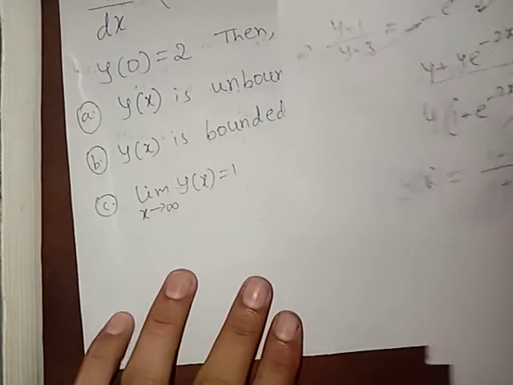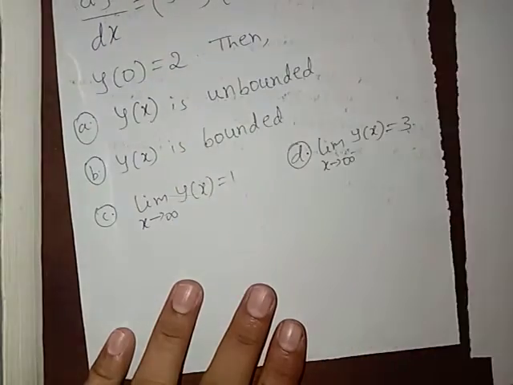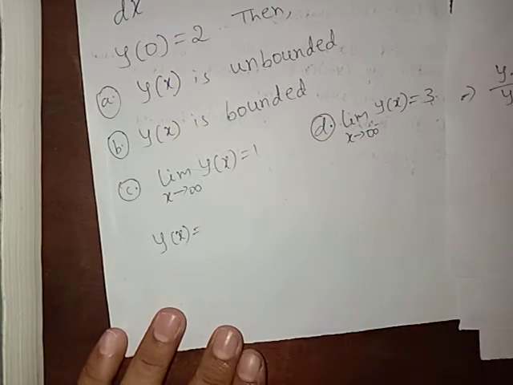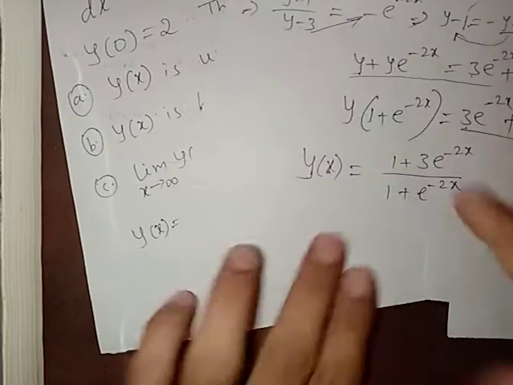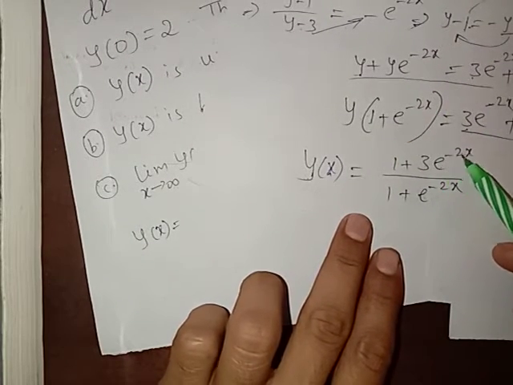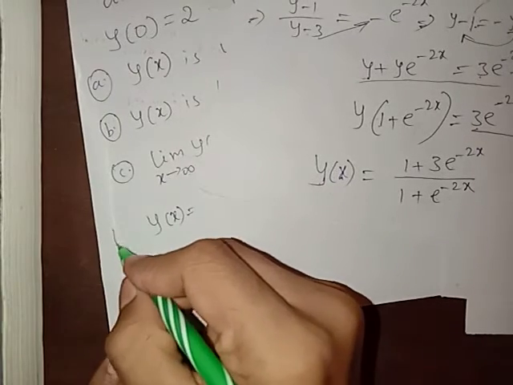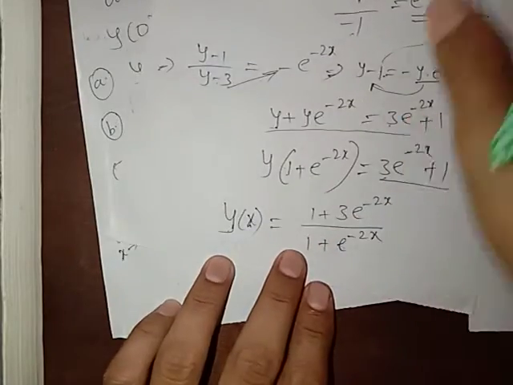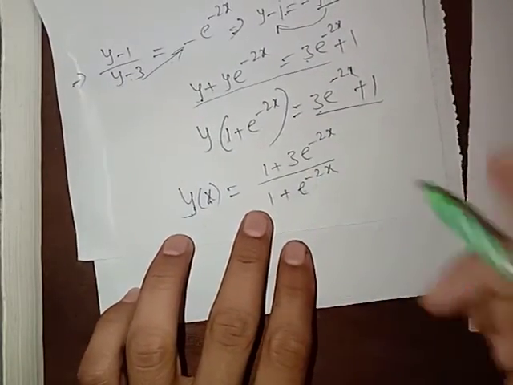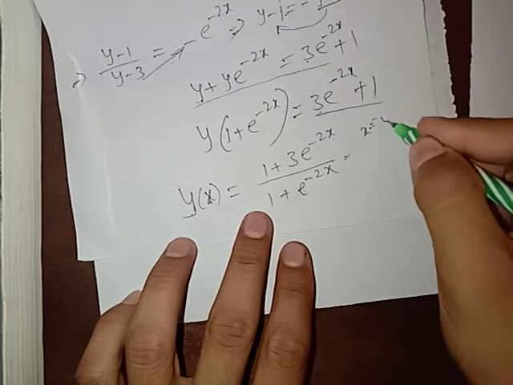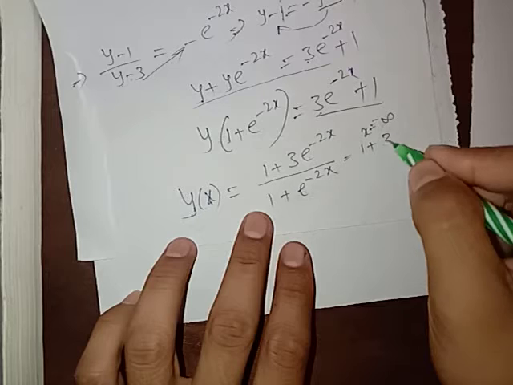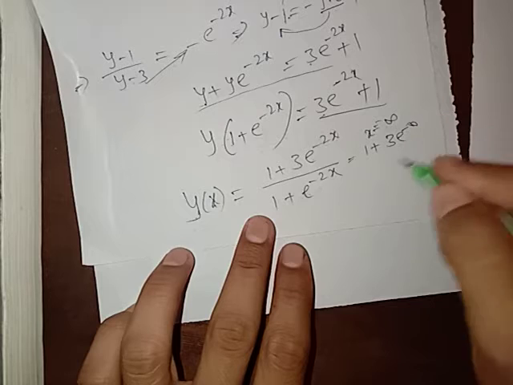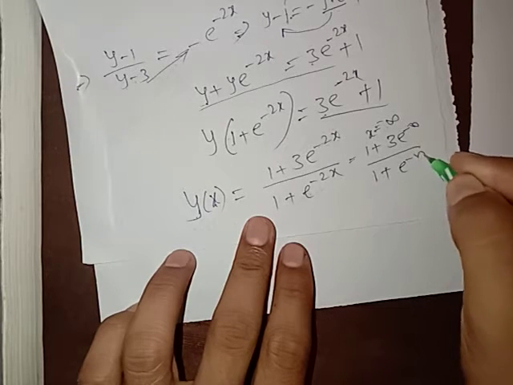We have y of x equal to (1 plus 3 into exponential of minus 2x) divided by (1 plus exponential of minus 2x). Now limit x tends to infinity: if x tends to infinity, what does it become?